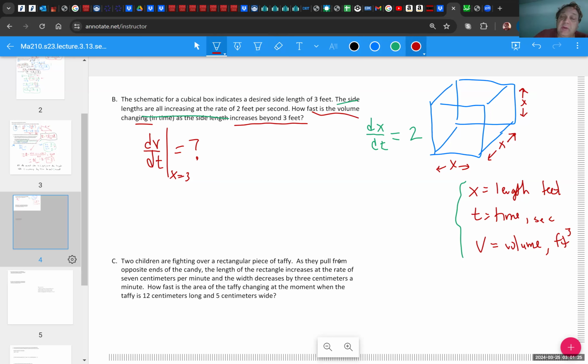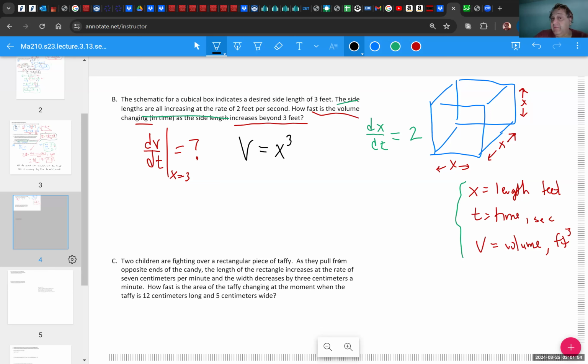Since any rectangular solid is just length times width times height, the volume formula for a cube, since all of the sides are the same, is x times x times x, or x cubed. So this is a very simple 2-variable equation. Started off kind of easy here. We'll work our way up to multiple variables in a moment, but I want to emphasize a little bit about the process, and we're just going to repeat this for every word problem that we do.